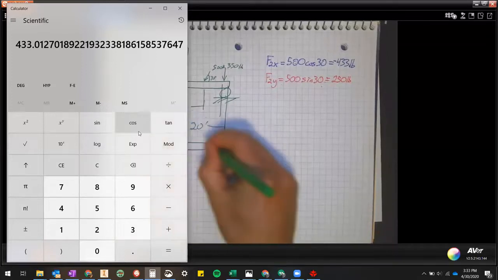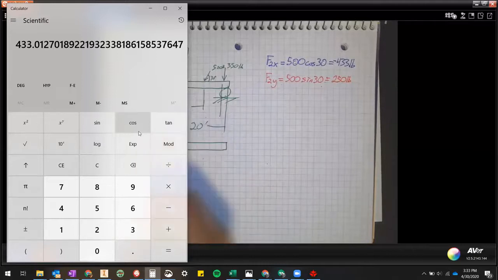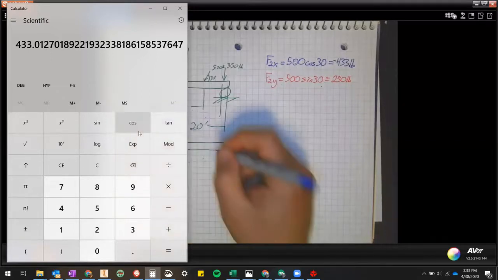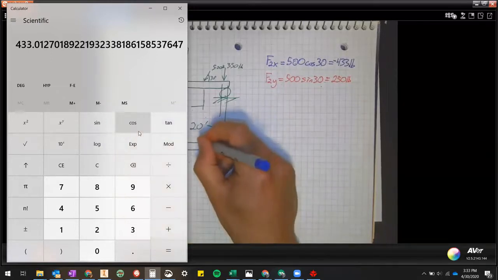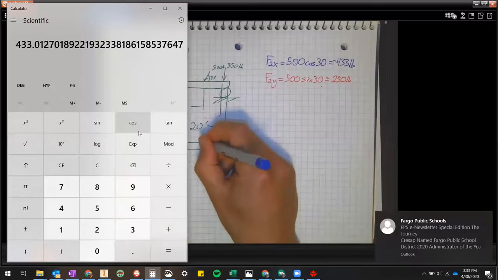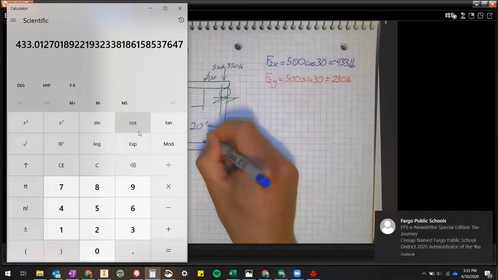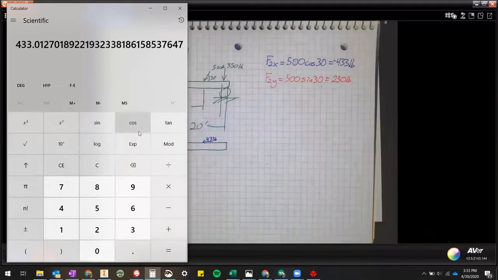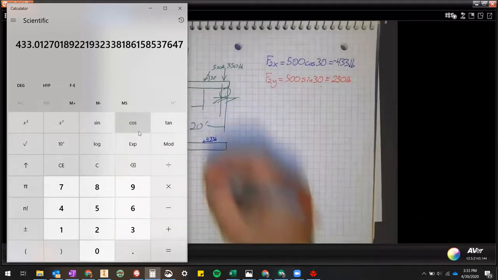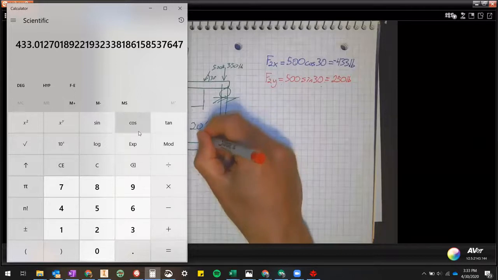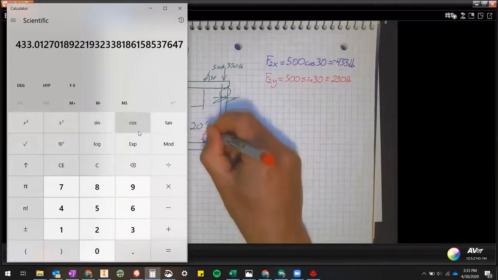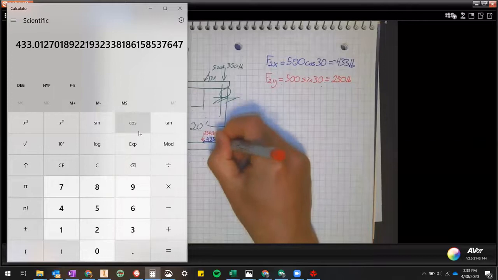And we will do this, and we've got FAX, and we've got 433 pounds acting left. For our y forces, let's just start there. We've got 250 pounds acting down. We've got 350 pounds acting there.